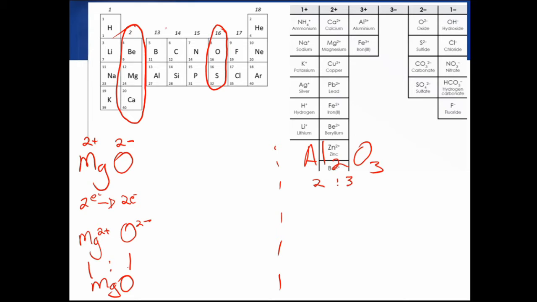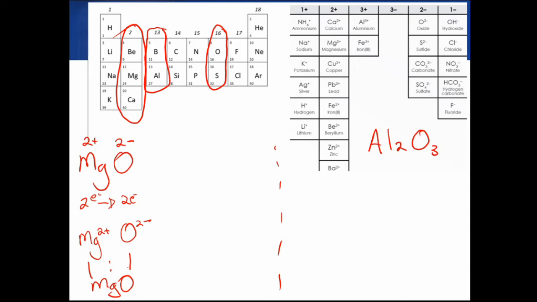It sits in group 13. How many electrons in the valence shell? 3. So I'm just going to move this down a bit. We'll start with Al2O3.